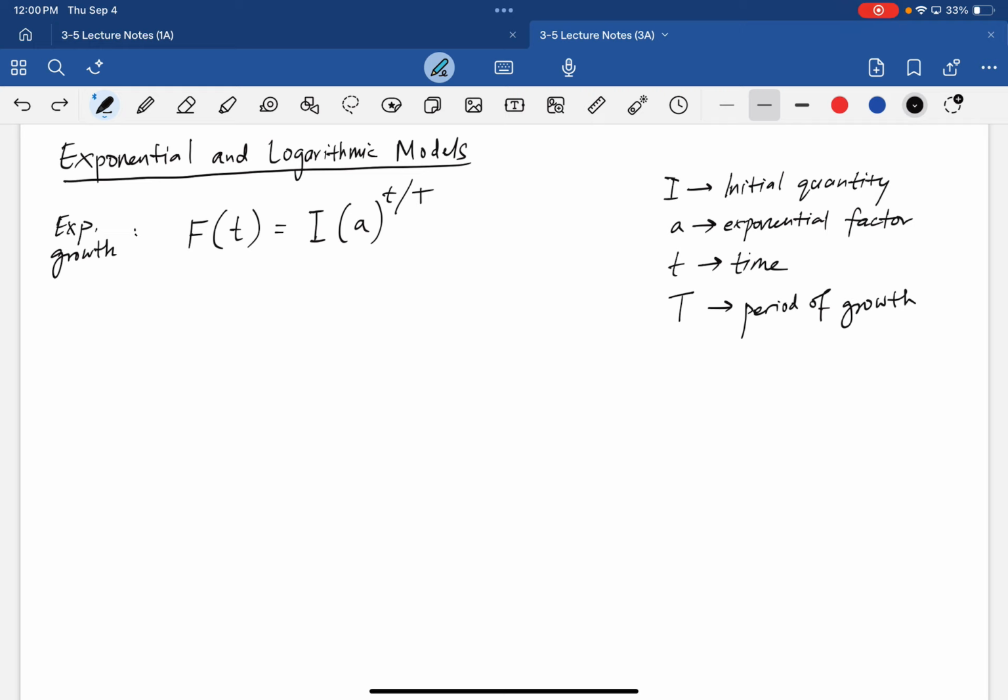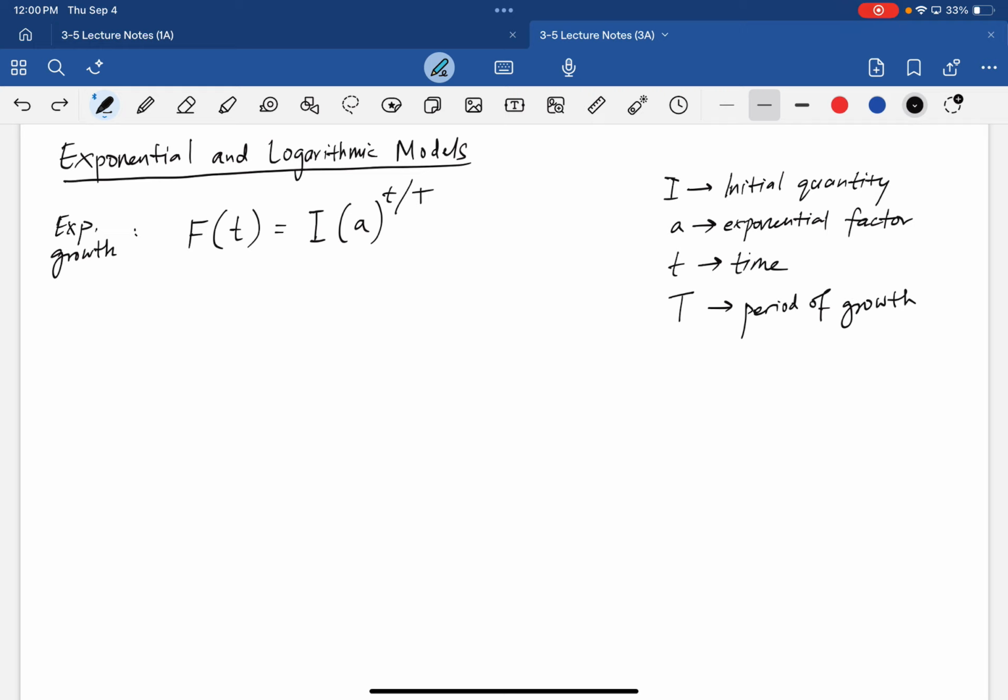What would be different about the exponent here? Yeah, we would have a negative t, right? Because that's what introduces our horizontal reflection. And it's important to note that this is only decay when a is greater than 1. And I'll explain more about that later. But first, let's see that this is indeed the case, that this is actually a decay function.